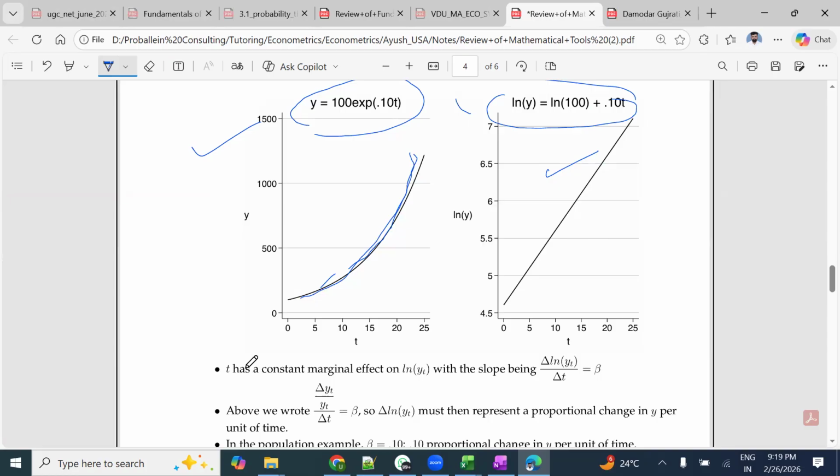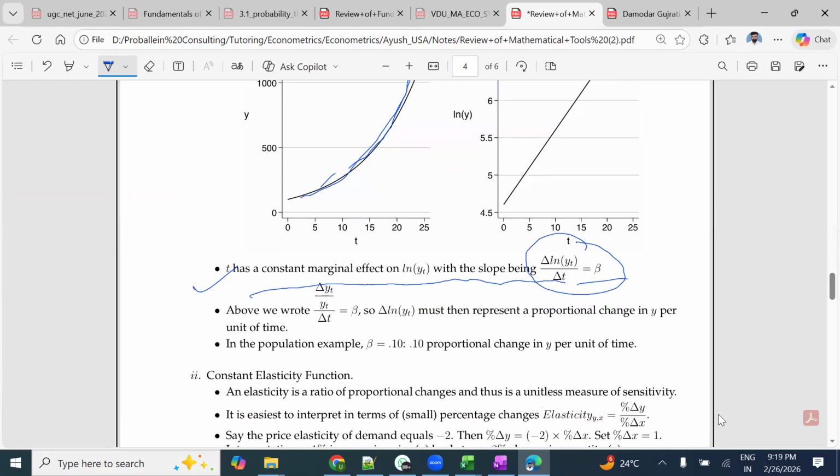So you can see over here it is written clearly, t has a constant marginal effect. How we will interpret the beta: marginal effect on ln yt with the slope being delta ln yt upon delta t is nothing but beta.